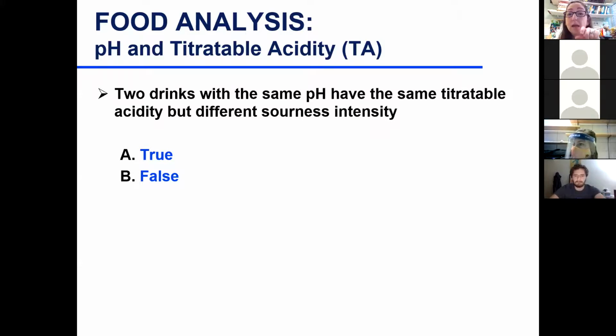And pH is the measure of active or free hydrogen ions. So at the same titratable acidity, or let's say at the same concentration of the acid, one acid would be completely dissociated, so the pH would be much lower than another acid that is partially dissociated. So this is a false statement.